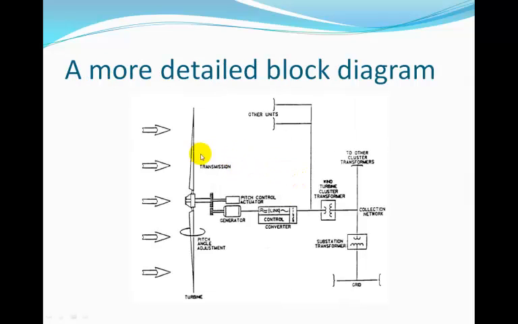A more detailed block diagram of the major components in the previous figure is shown here. As you can see, the wind is described by the arrows, and when it hits the turbine, the pitch angle rotates the rotor over here.